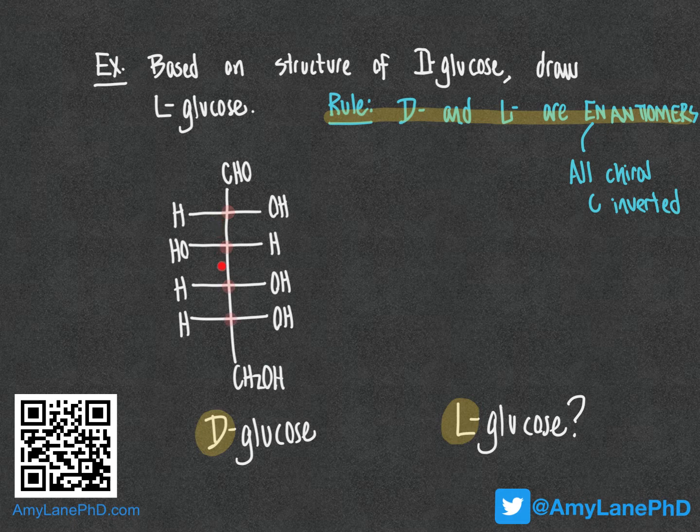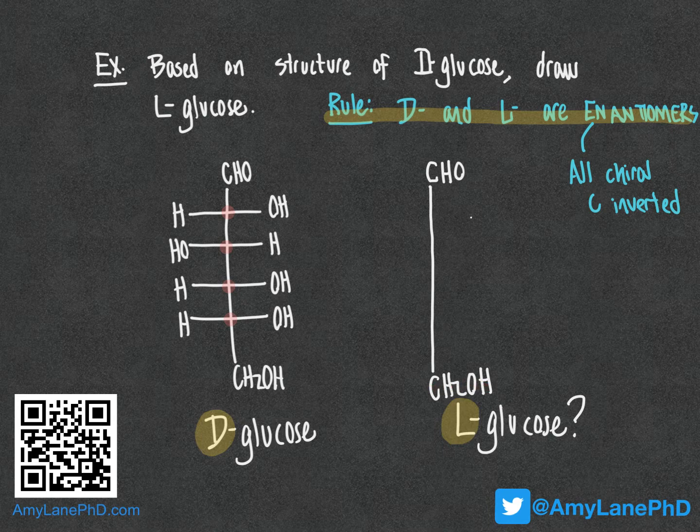So that means that we need to focus on these four positions that I put the light pink highlighter on, and we need to make sure that we have inverted who's on the left and who's on the right. The rest of the molecule in non-chiral centers is of no matter to us. So fill in the CHO group. We don't really have to be worried about the stereochemistry of that. CH2OH at the other end of the chain is not a chiral carbon either. So we could have put OH, CH2 if we wanted here. It doesn't matter since that's not a chiral carbon.